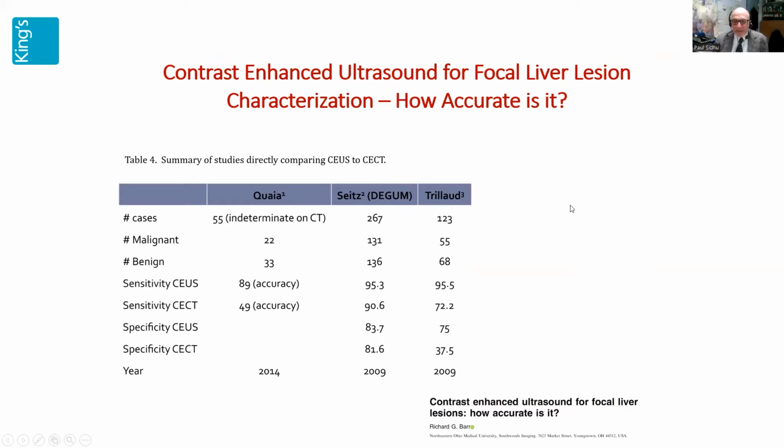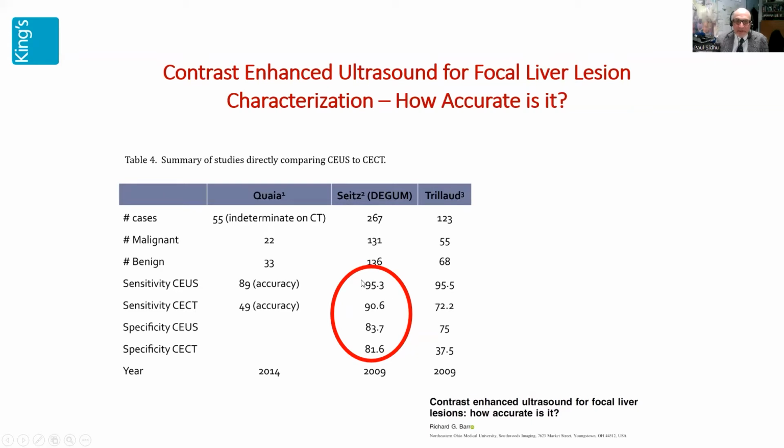What about comparing contrast-enhanced ultrasound to contrast-enhanced CT? Well, always remember that if you can see a lesion with ultrasound, you see it best of all because there is superb temporal resolution and there is also superb resolution with B mode anyway in these lesions. So let's look at the study from CEUS, in the DEGUM multi-center study, looking at the accuracy of contrast-enhanced ultrasound compared to contrast-enhanced CT.